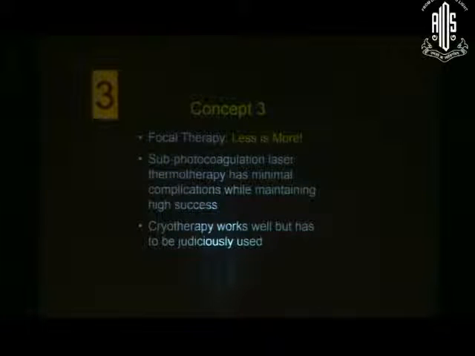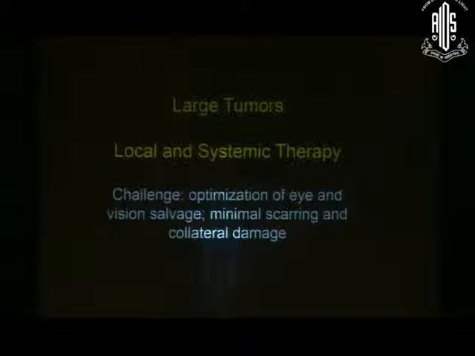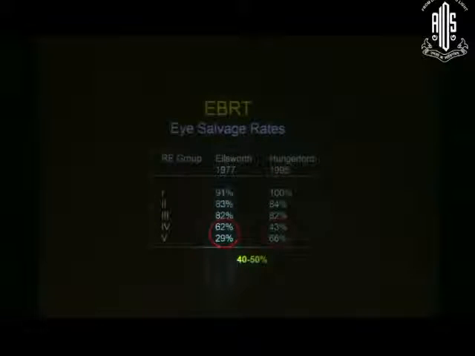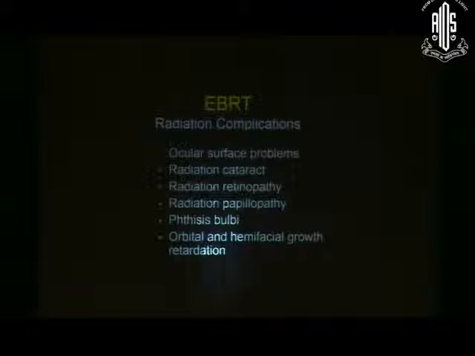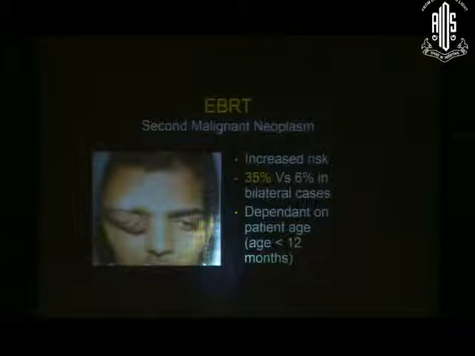So in focal therapy, the concept is less is more, and you have to resort to modalities that maximize visual potential. In larger tumors, we have local or systemic therapy. EBRT is extremely bad, not because of other complications, but because of second malignant neoplasm.